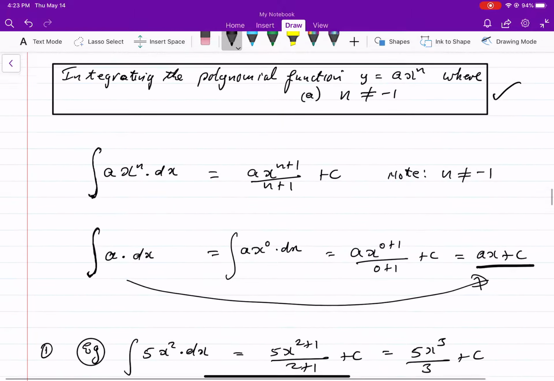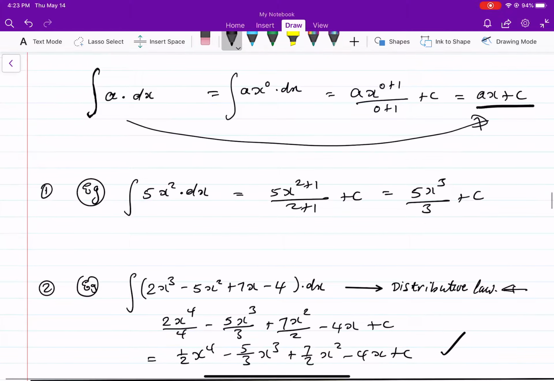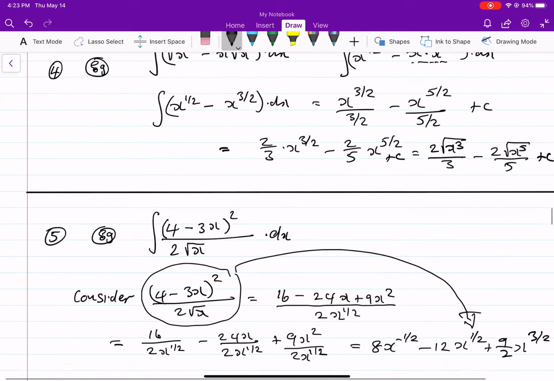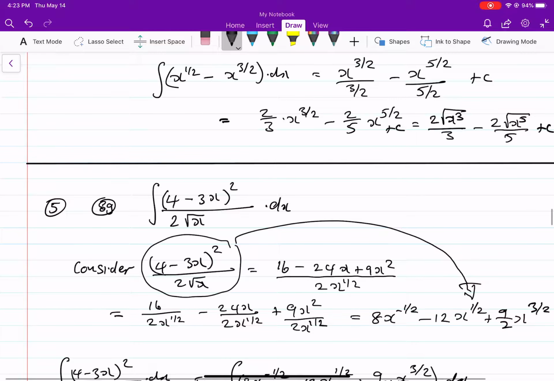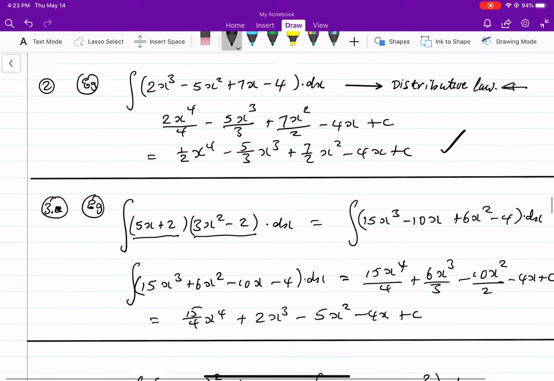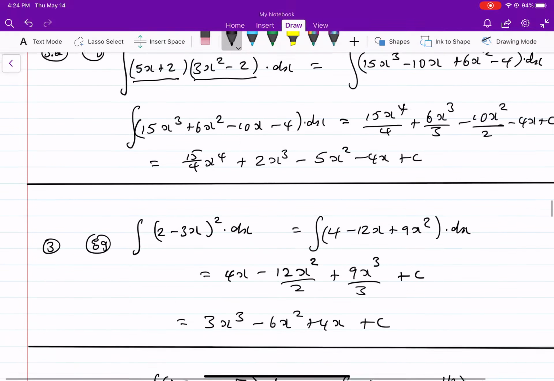Right? So I've gone through a whole stack of integrals. You should review them. If this is the very first time you're going through them, it's a mixture of the regular polynomials, and then a function times a function. You got to open it up to make it one polynomial. Then you got a function to a power.